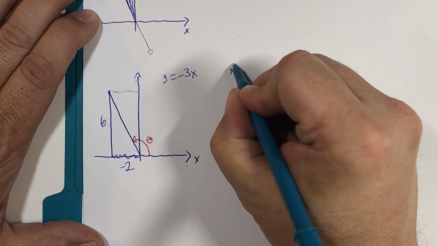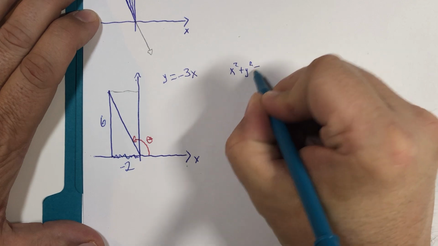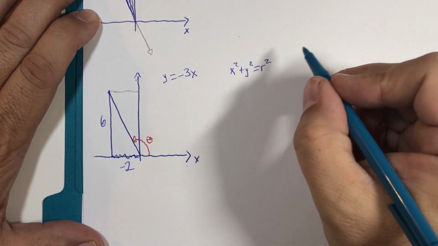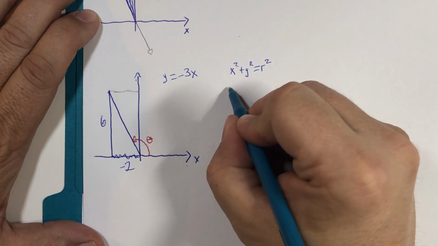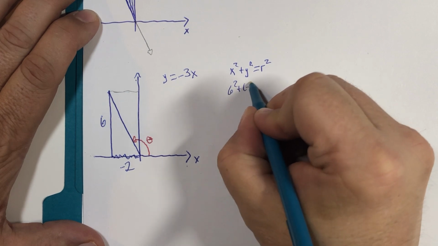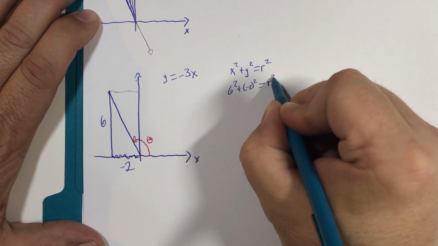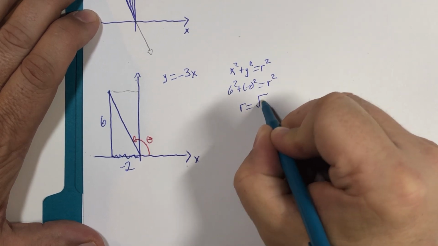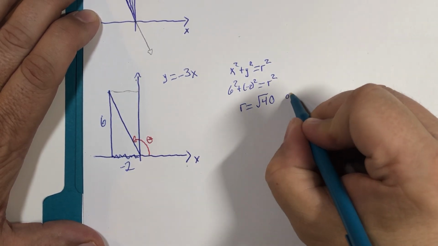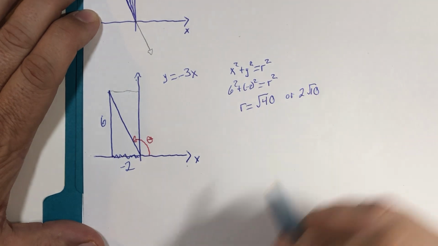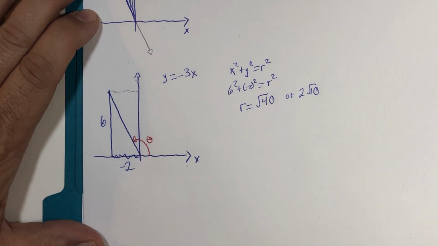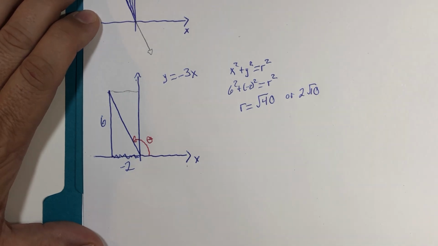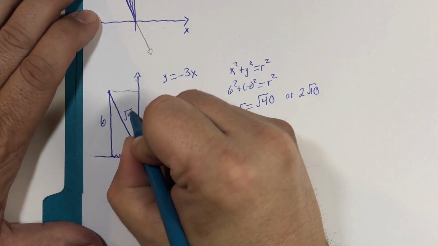And we know that x squared plus y squared is equal to r squared. And so 6 squared plus negative 2 squared equals r squared. r is going to be the square root of 40, or 2 root 10, or a decimal value that your engineering application might require you to use, or your physics application might require you to use. So I'm just going to write in here square root of 40.